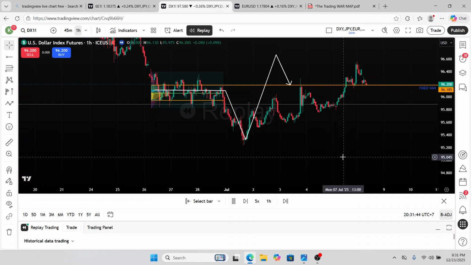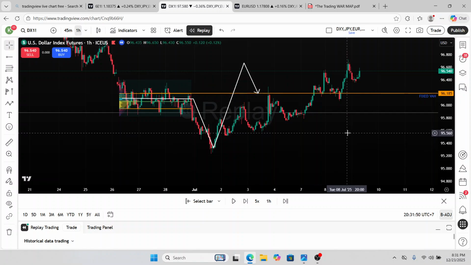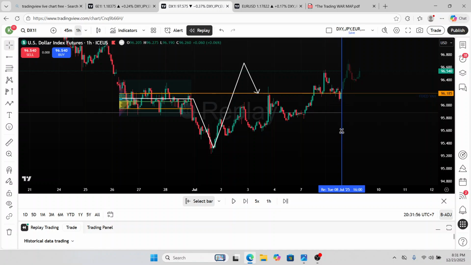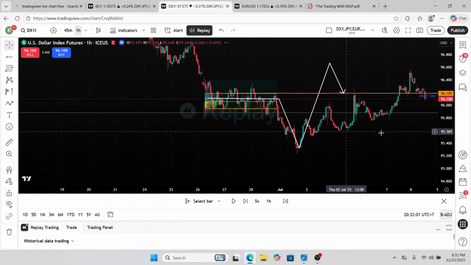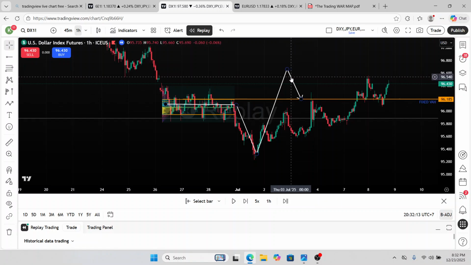And what happens after? I want to go back here because I was looking at this. We see this rejection here, but once price comes up above here, I'm like, okay, we'd already made new highs.